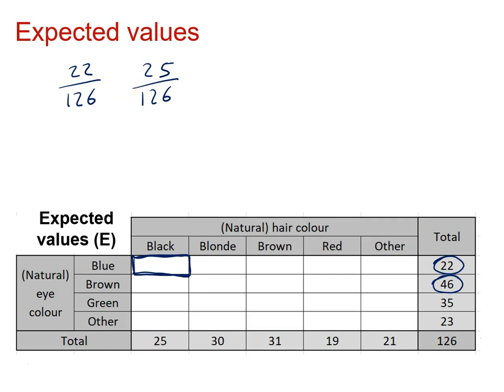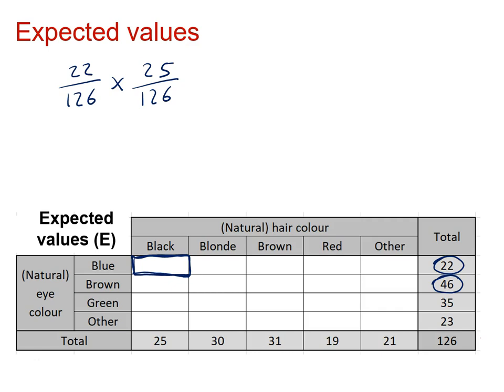So if there's no association, and hence the probabilities are independent, we would expect 22 over 126 times 25 over 126 of the sample to have blue eyes and black hair. That is the proportion of the sample we would expect to have blue eyes and black hair.